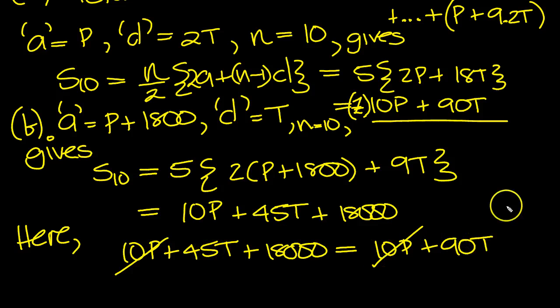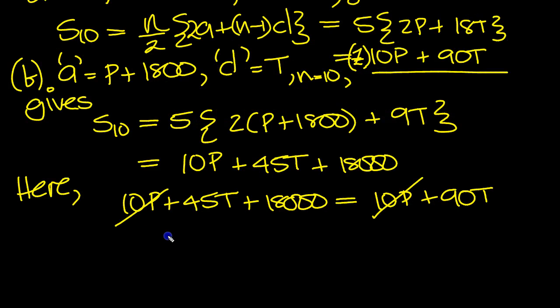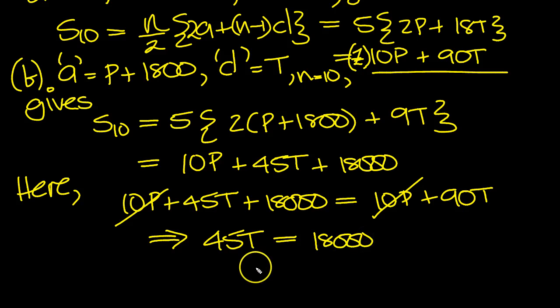Move the 45 over, so this becomes minus 45. 90 minus 45 is 45 lots of t, and on the other side is 18,000. So t will equal 18,000 over 45.